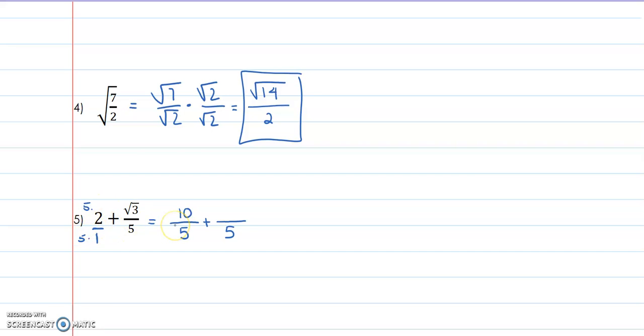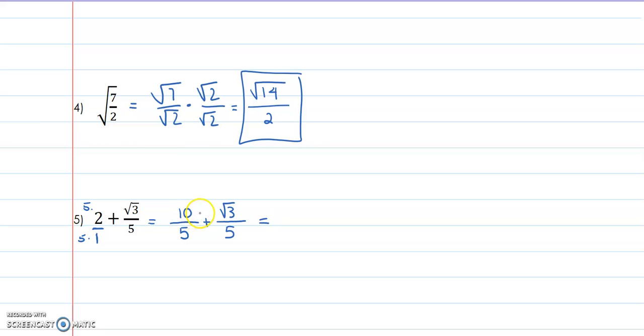This is like regular fractions. And the second one, I didn't have to multiply by anything, so it remains the square root of 3 on top. So this fraction and that fraction are the same. And then the 2 over 1 became 10 over 5, and if we reduce that, we'd get 2. Same problem. A lot of times in math, we're not actually trying to change the problem. We're just trying to make it look different.